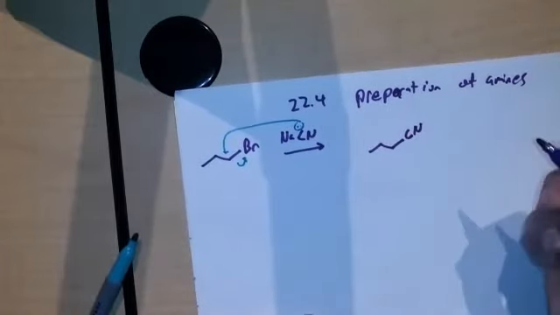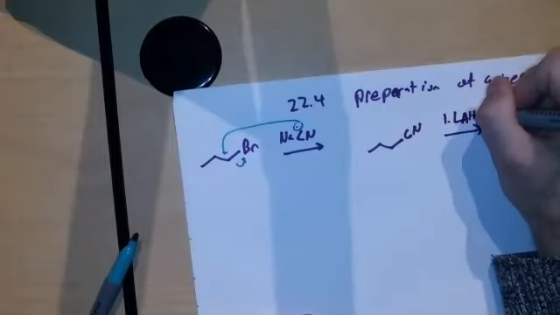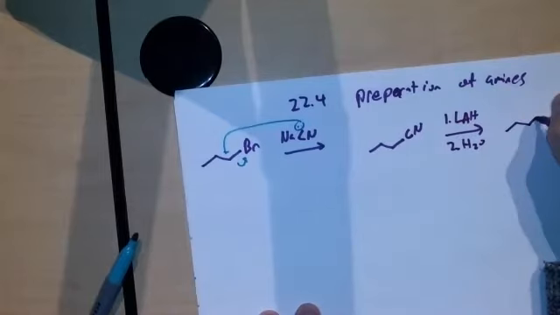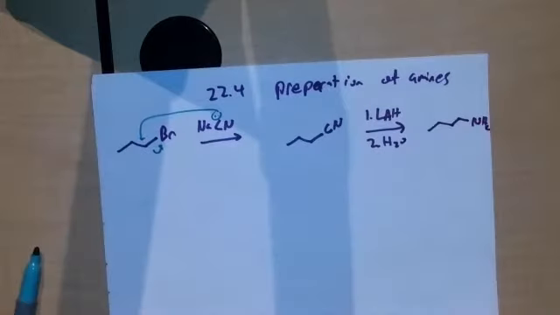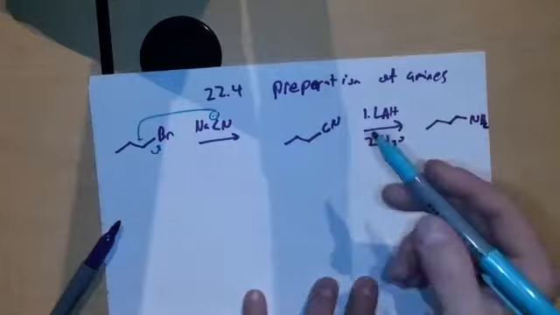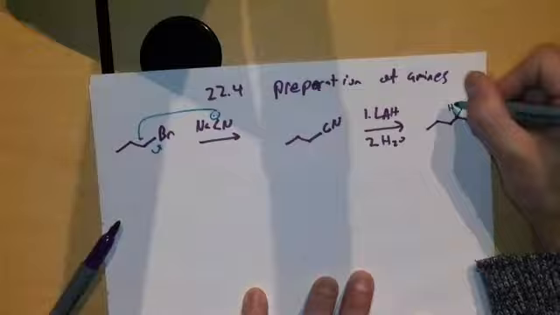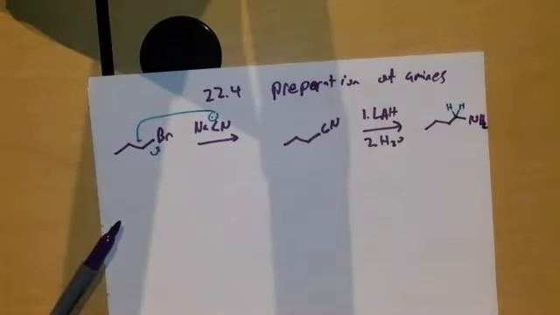Add our nitrile group, and then throwing in LAH and water will let us make an amine. So we took this CN, we added these two H's to our carbon, and then these two H's to our nitrogen here. So typical reduction using LAH. We're going to do a lot of that today.